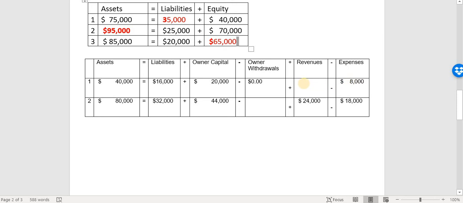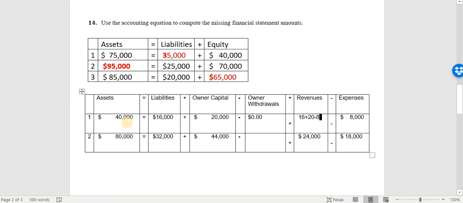So what am I going to do? I'm going to take my 16, plus my 20, minus the expenses of 8. 16 plus 20 is 36, minus 8 is 28. 28 from 40 gives me $12,000. So that's equal to 28.